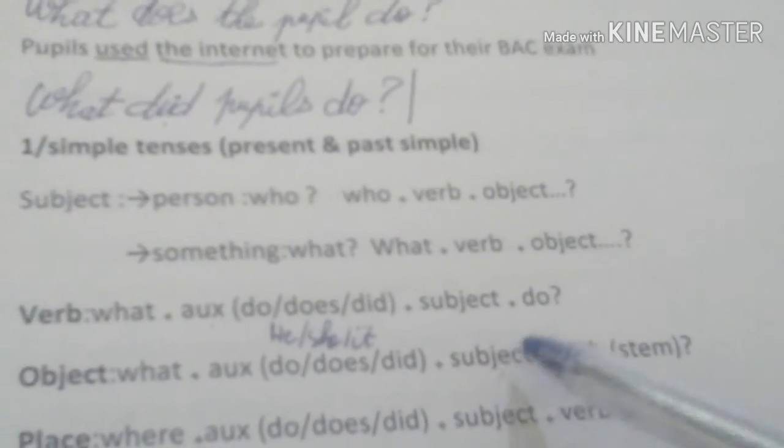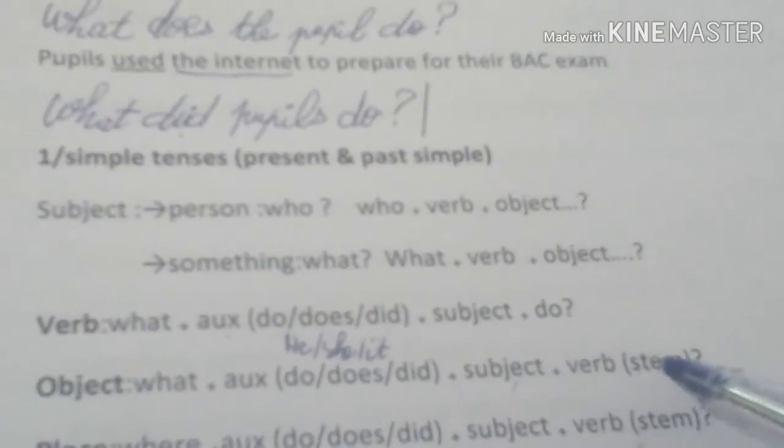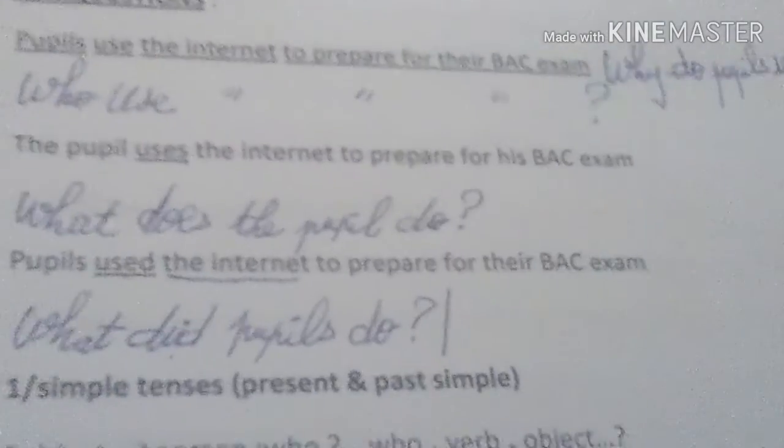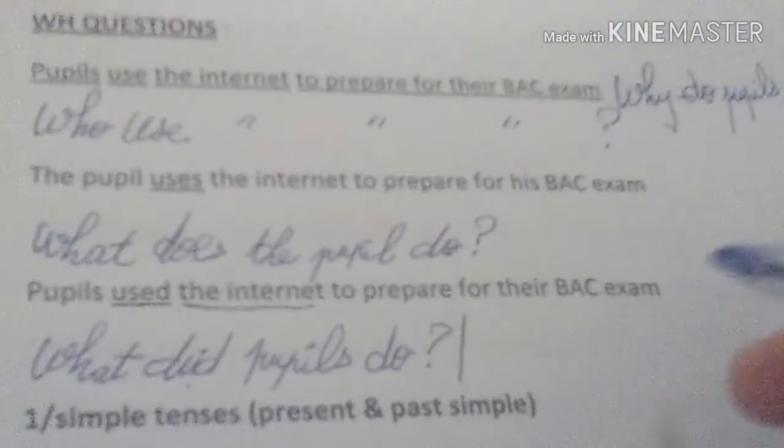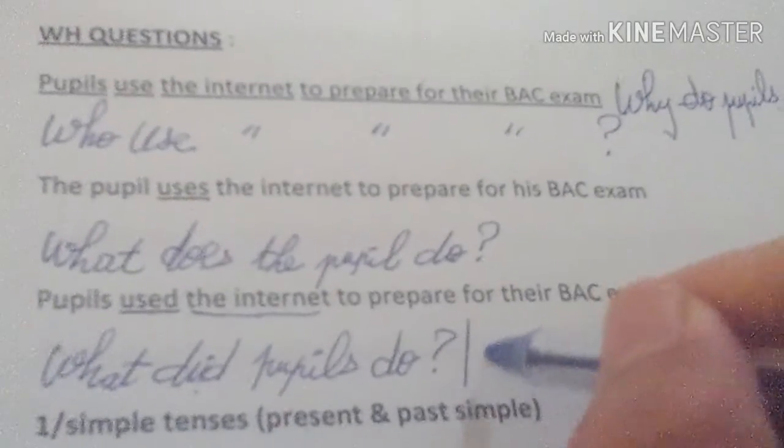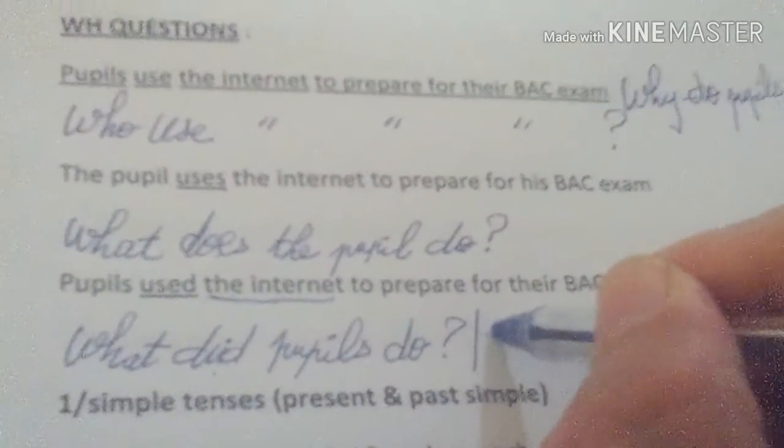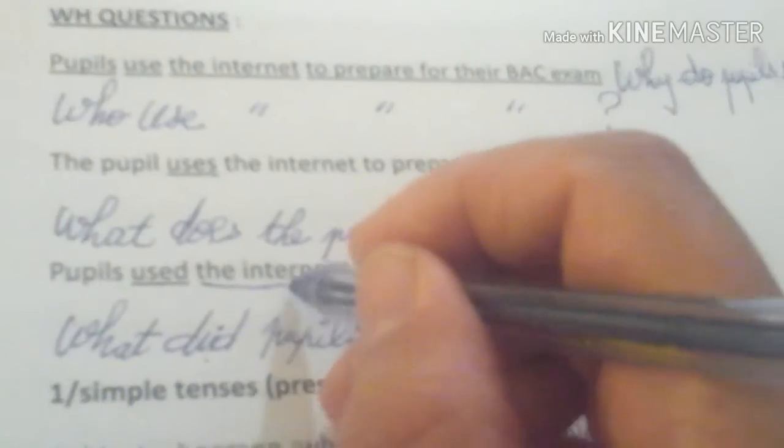No, this is the verb, this one. Plus the subject plus the verb in the infinitive. Let's practice. We're going to write the question here. For example, we say to ask about the internet. This is the object. This is the verb in the past and this one is the subject.